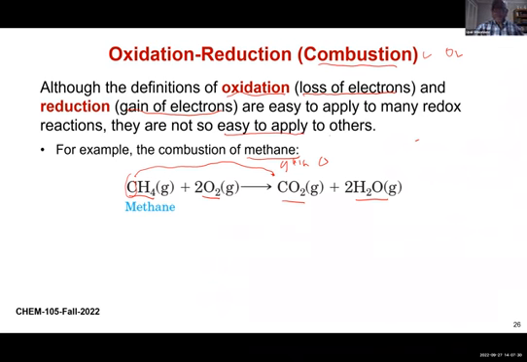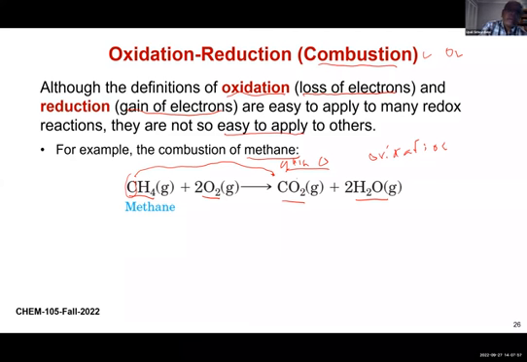Gain of oxygen is called oxidation. So we use oxygen in this case to figure out which is oxidation. Carbon is oxidized to carbon dioxide.